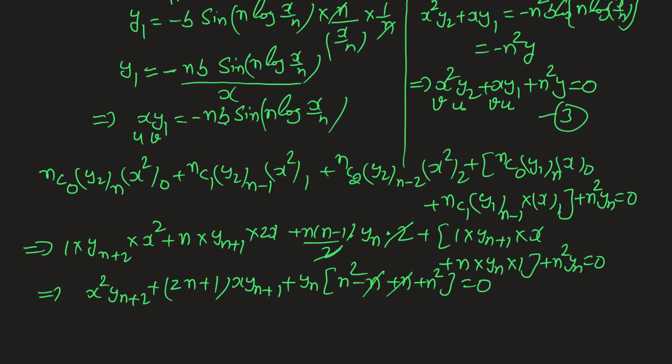This will cancel out. So we will get x squared y_{n+2} plus (2n + 1) x y_{n+1} plus 2n squared y_n equal to 0. This was required to prove.